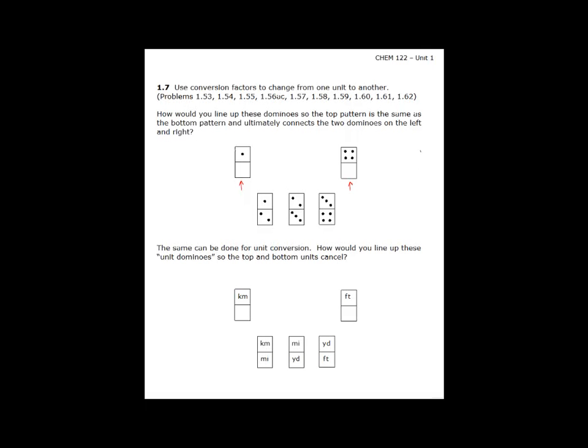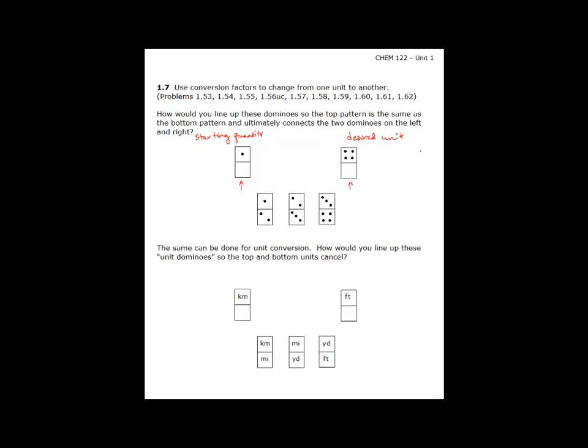So this domino on the left is my starting quantity, and this number on the right is the finished number, that is what I want to convert my starting quantity to. So this is the desired unit.